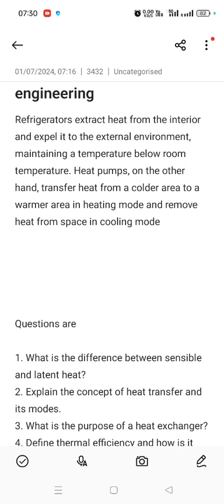Its temperature is lower than room temperature. As we know, we use a refrigerator in our homes. Now a refrigerator extracts heat from the interior and expels it to the external environment, maintaining a temperature below room temperature.